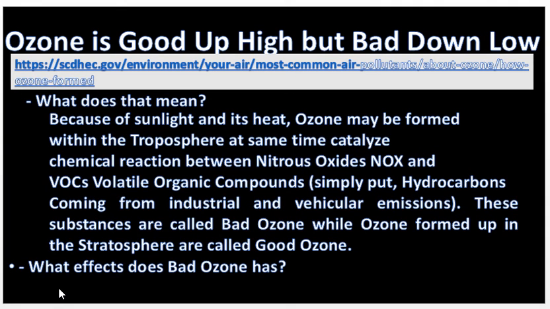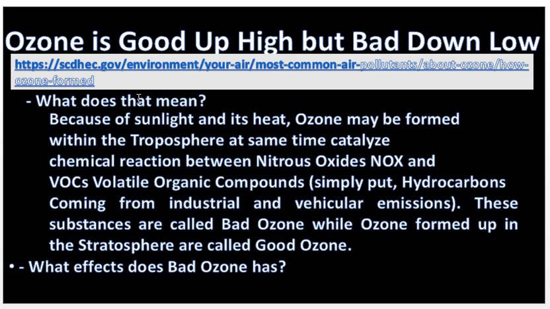This slide is simply all about good ozone versus bad ozone. You can pause the video if you like. Both of them can be formed from VOCs, volatile organic compounds being hit by UV sunlight. Now, when ozone forms at low heights near the ground, it is called bad ozone because it harms us.